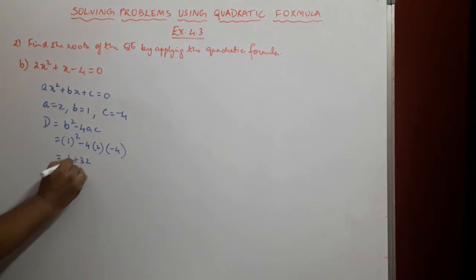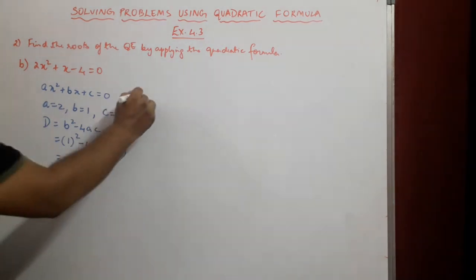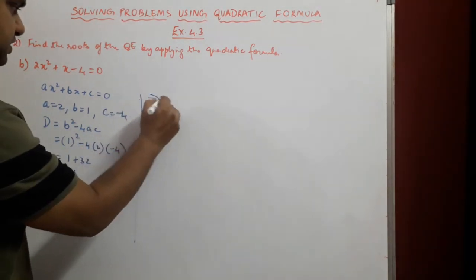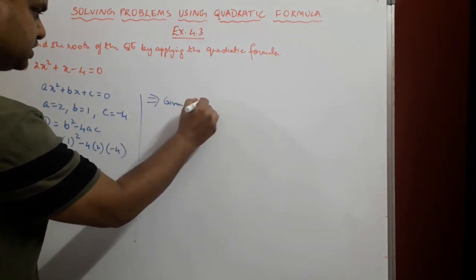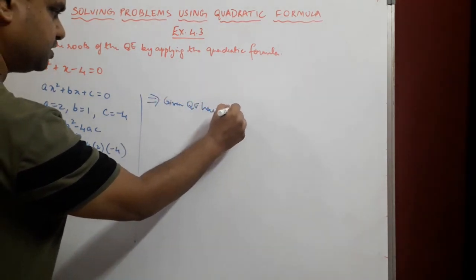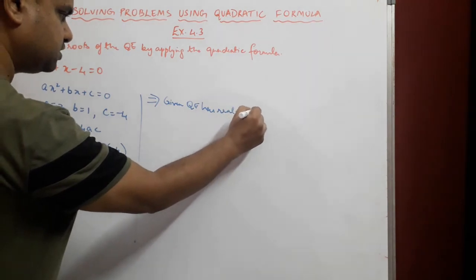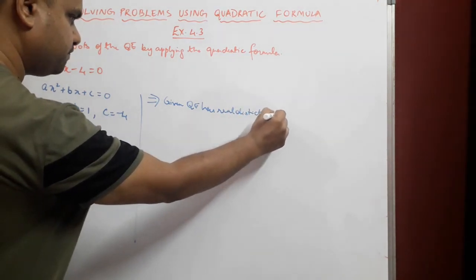So plus 32 and 1 gives us plus 33, which means d is greater than 0. Now this implies that given quadratic equation has real distinct roots.